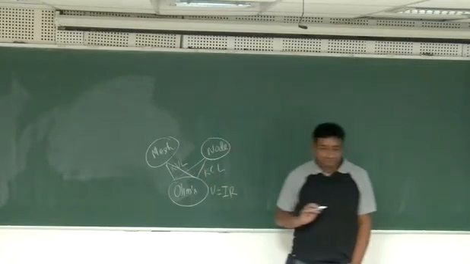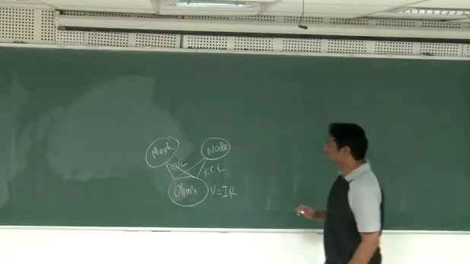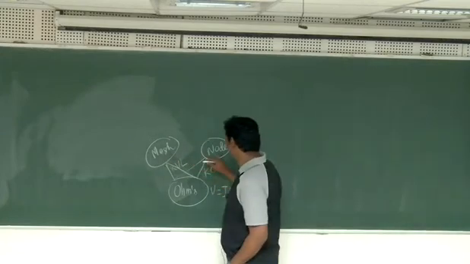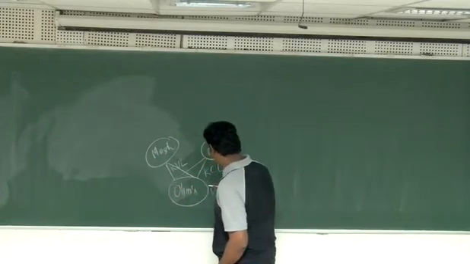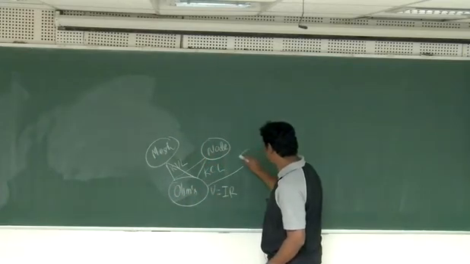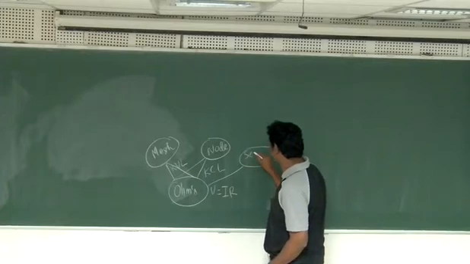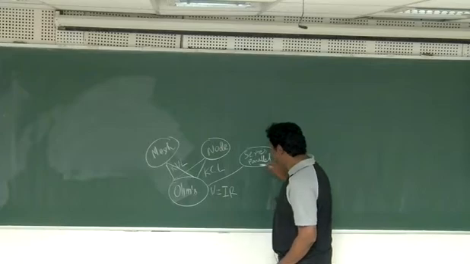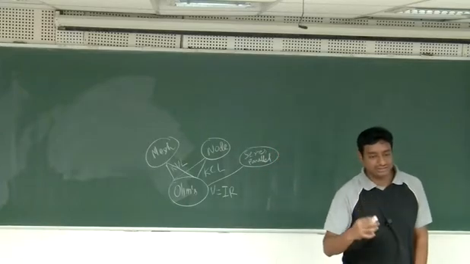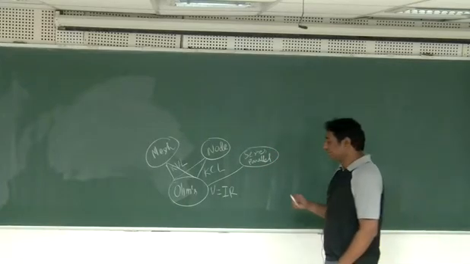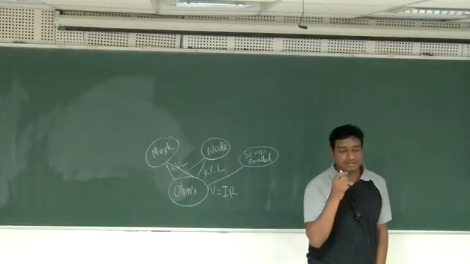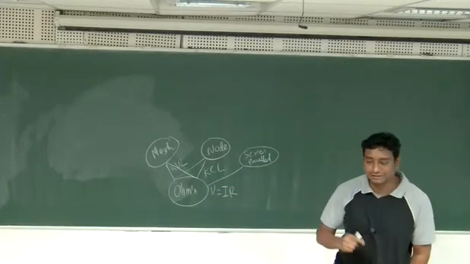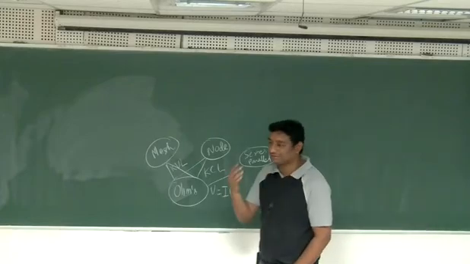So what did you do next? After mesh analysis and node analysis, you can also do one more thing by Ohm's law, that is series and parallel circuits. If a circuit is given and the resistances are connected in parallel, it's an application of KCL and KVL to define effective resistance.